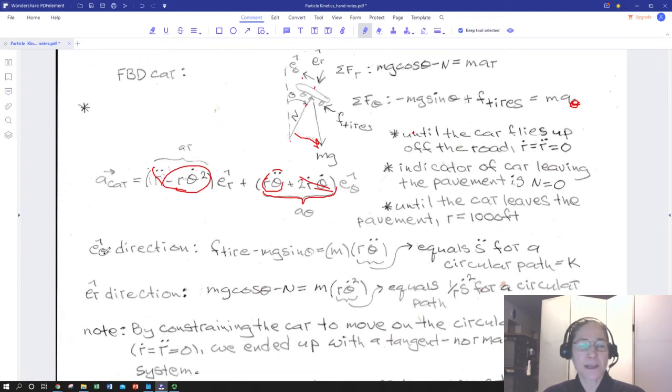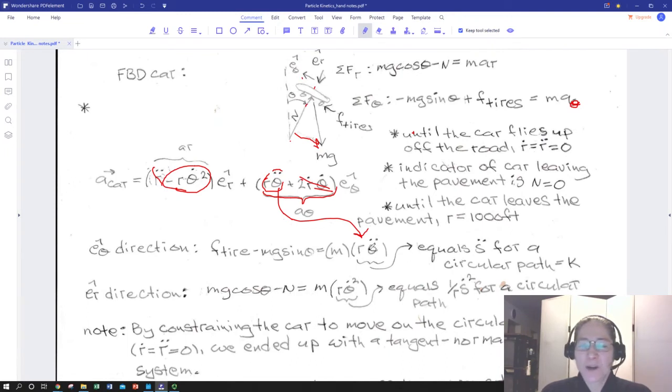So in the theta direction, the direction of travel, the tangential direction along the road, I have F tire minus mg sine theta equals mass times this acceleration, r theta double dot. And I've reminded myself that if I'm on a circular path, I'm already starting to think, gosh, tan normal coordinate systems might just be more convenient.